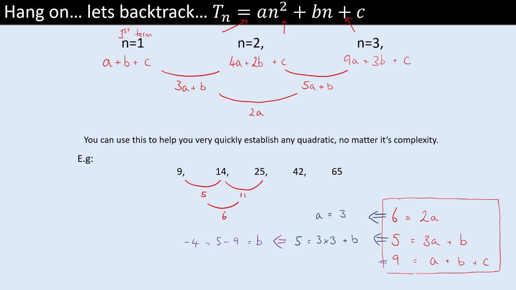If I know that, then I know that 9 is equal to 3 plus negative 4 plus c. Well, 3 add -4 is the same as 3 take away 4, which is -1. So I know that 9 equals -1 plus c. And that means that c is equal to 10.